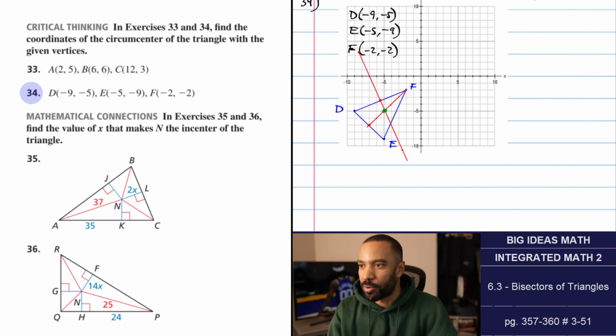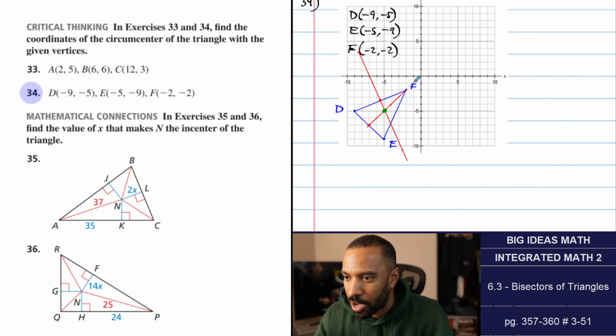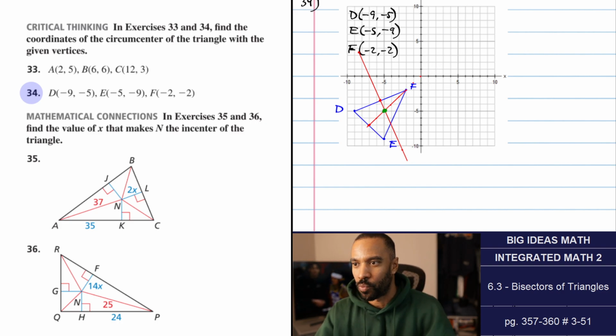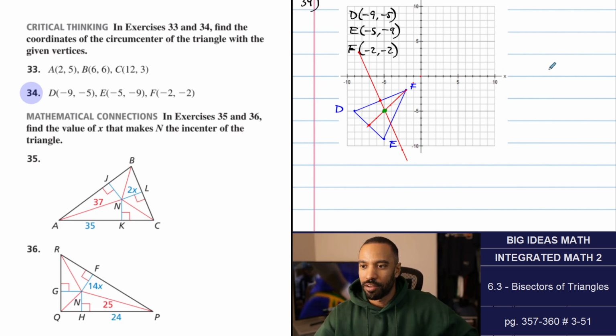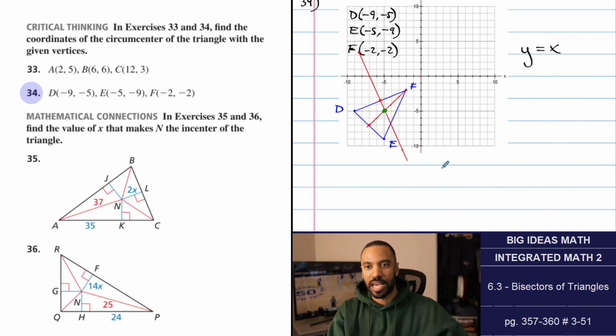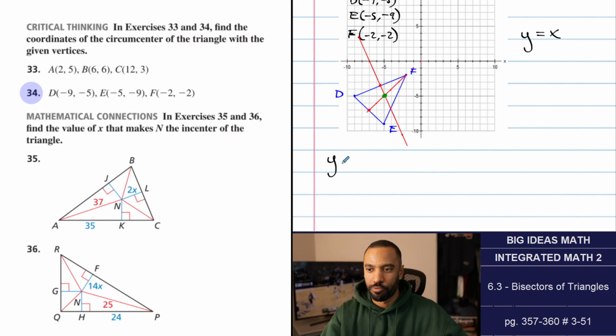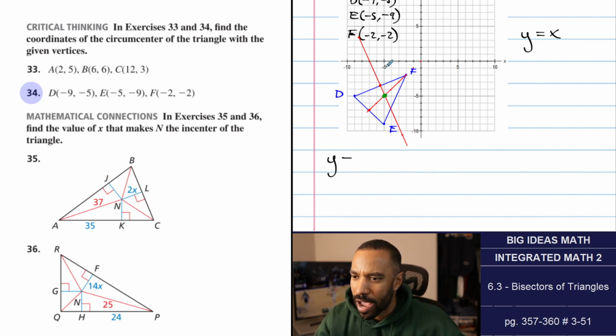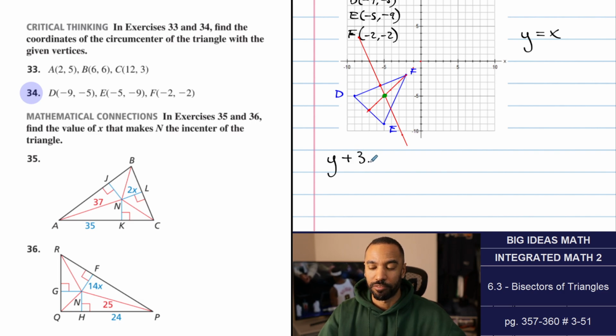One equation is going to be pretty nice, though. If I keep extending this out, this is literally just the equation y equals x. So on one of them, I have the equation y equals x. Very beautiful. The other one, not so pretty. I have those decimal things. I will write point slope form. That's y minus my y1, which is negative 3.5, so y plus 3.5 equals, and then I had negative 7/3, I think, as my slope.